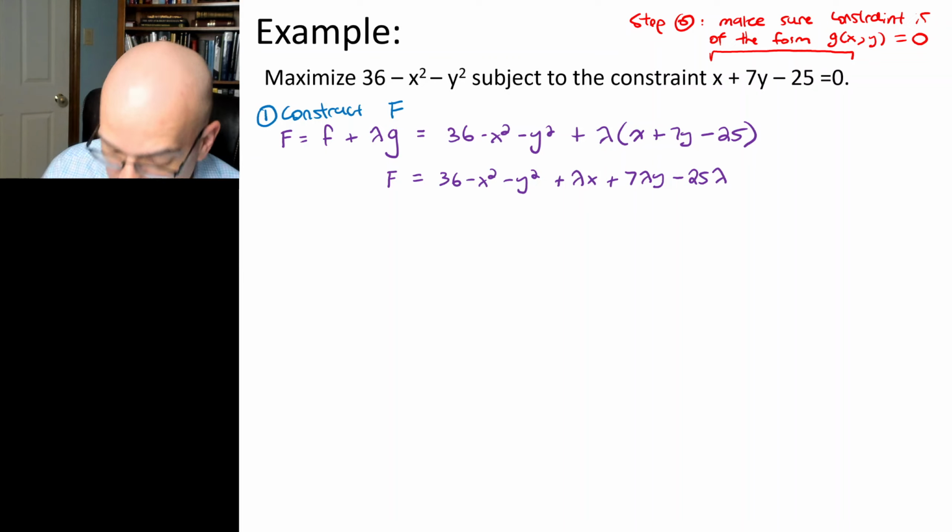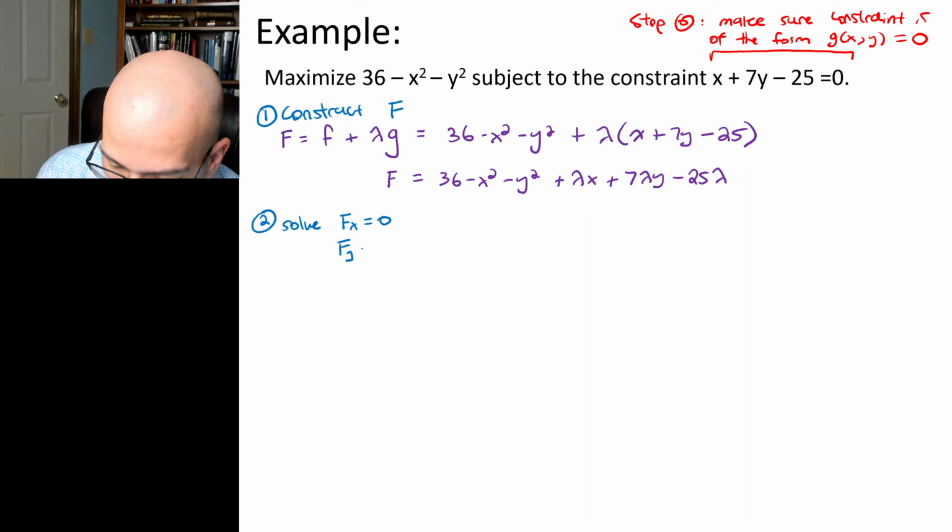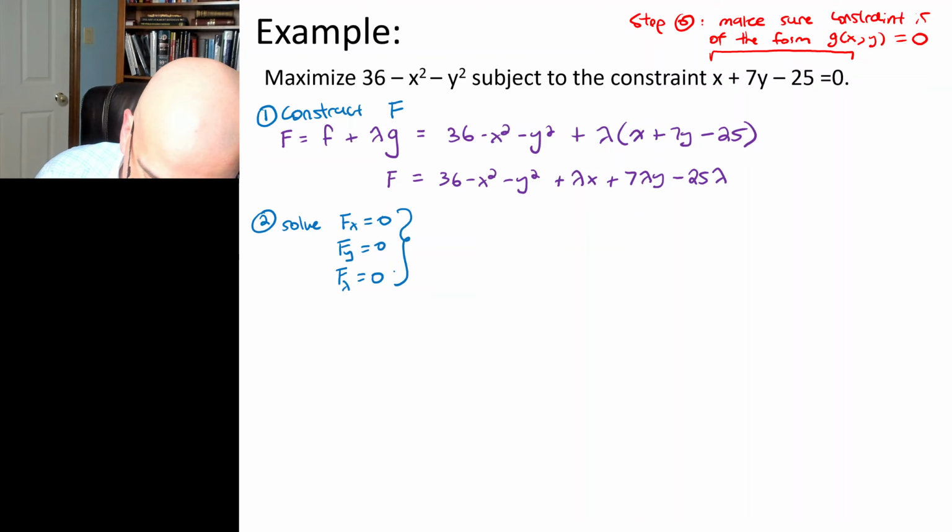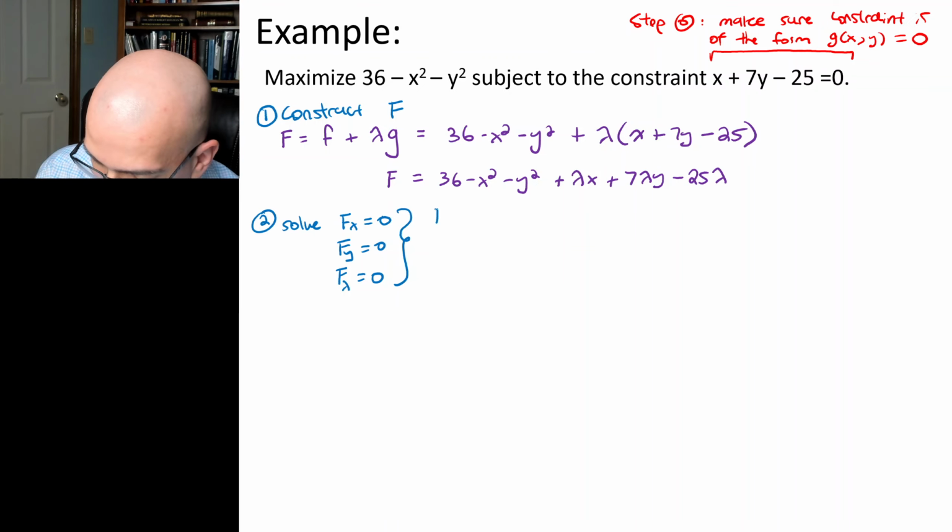We're going to take all three partial derivatives, set them equal to 0, and solve the system. We're going to solve capital F sub x equals 0, capital F sub y equals 0, and capital F sub lambda equals 0. So for capital F sub x, we have 0 minus 2x minus 0 plus lambda, and we set that to 0.